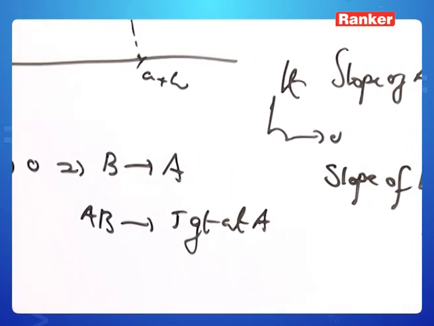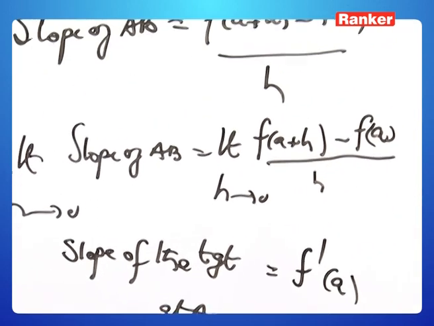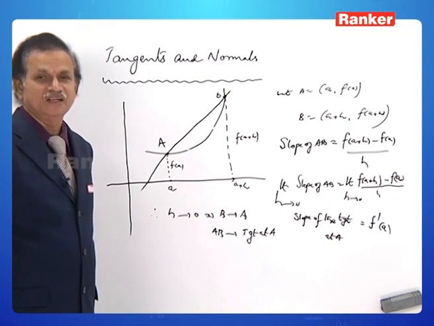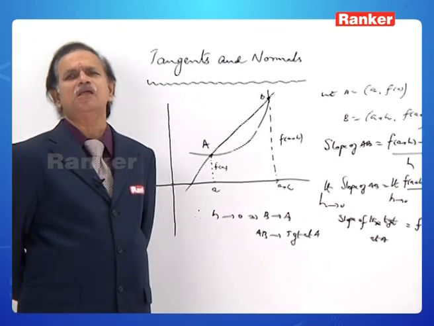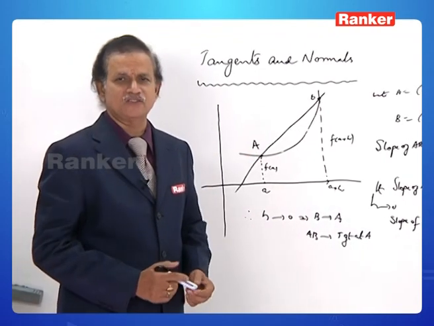What is the slope of the tangent at a point b? f'(b). What is the slope of the tangent at the point x equal to c? f'(c). Point x equal to c means what is the y coordinate of the point? f(c). There is a point C, f(c). What is the slope of the tangent? f'(c).